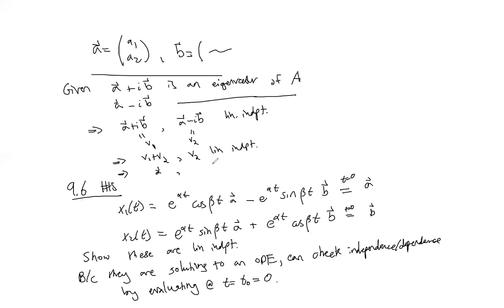And then we want somehow v1 and minus v2 to also be linearly independent.